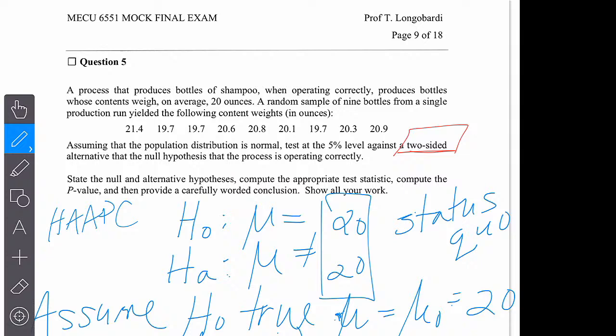I'm just gonna write it again: tinyurl.com/stats, Longobardi.